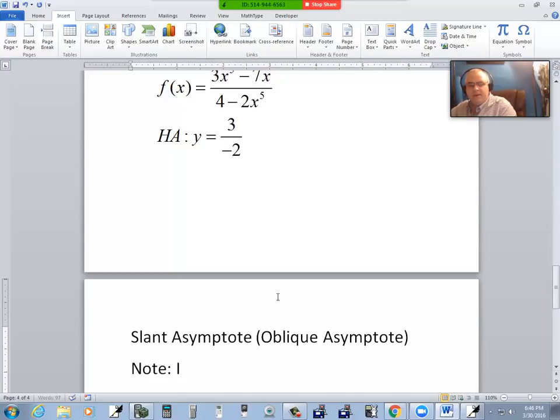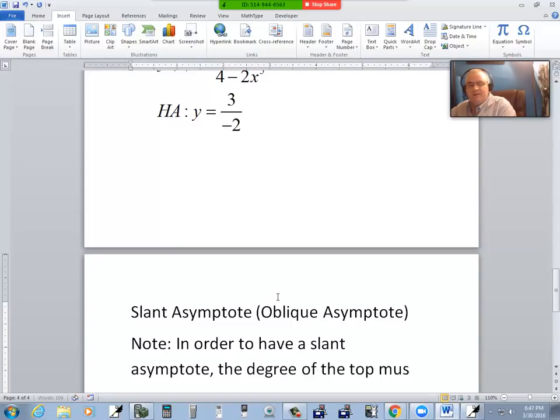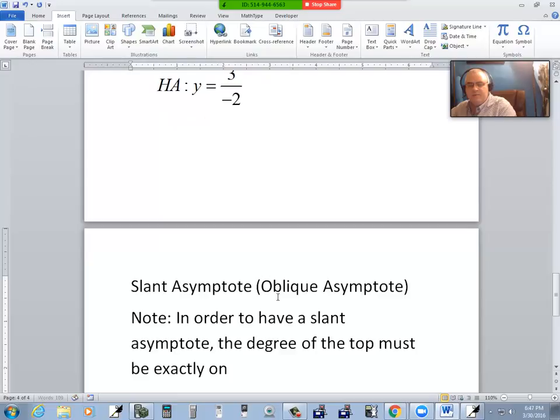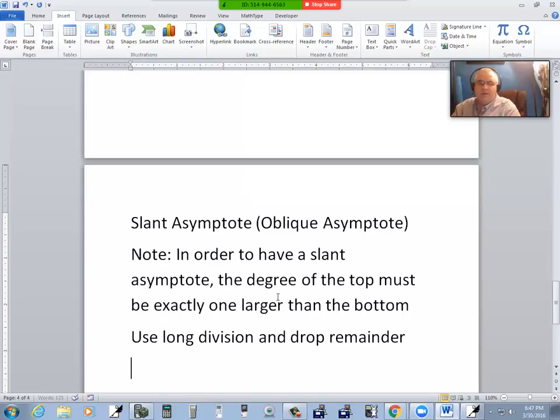Note, in order to have a slant asymptote, the degree of the top must be exactly one larger than the bottom. And how you find a slant asymptote is you use long division and drop the remainder.